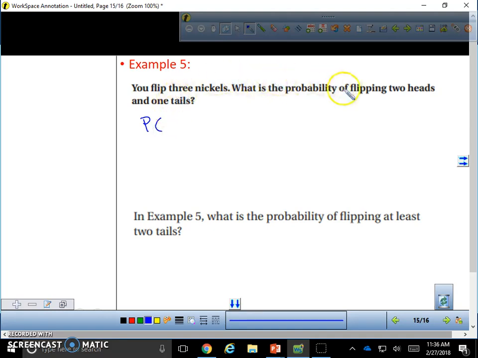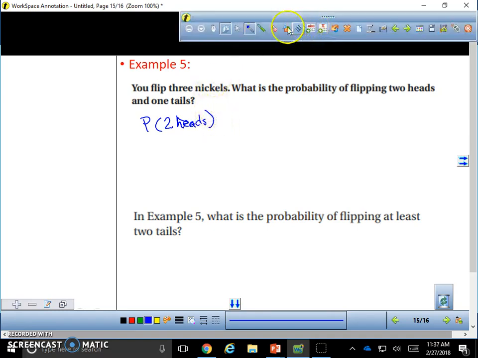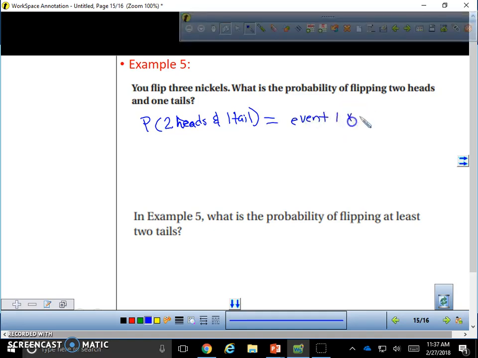Probability of 2 heads and 1 tail equals event 1 times event 2 times event 3, because we do this 3 times, over total outcomes.